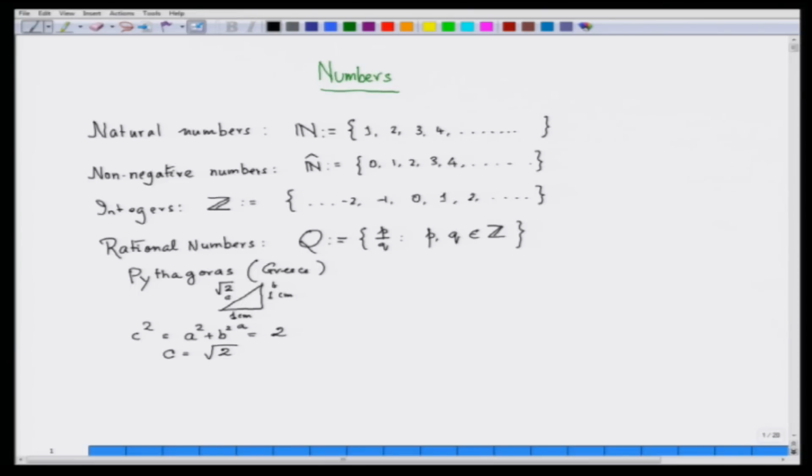So, it is one of the most important things to know that root over 2 cannot be expressed as a fraction. And I will leave you to do the proof in the exercises.